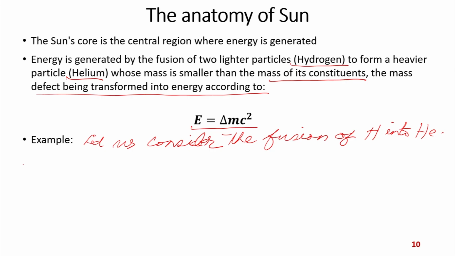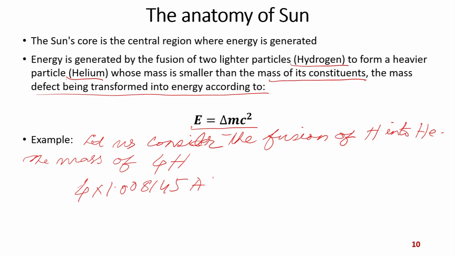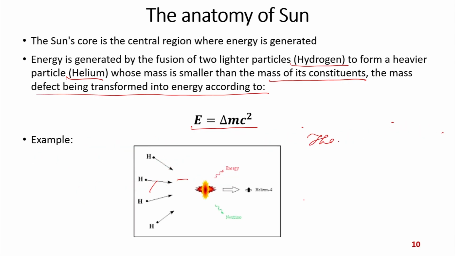The mass of 4H is equal to 4 × 1.008145 AMU, atomic mass unit.